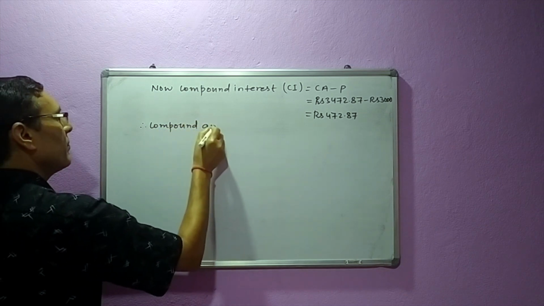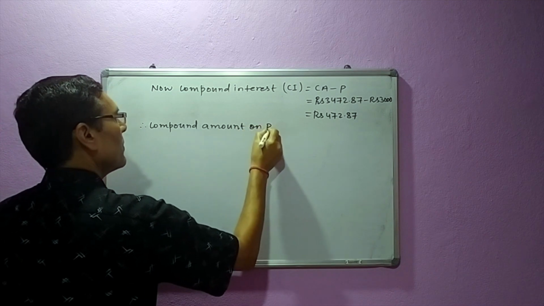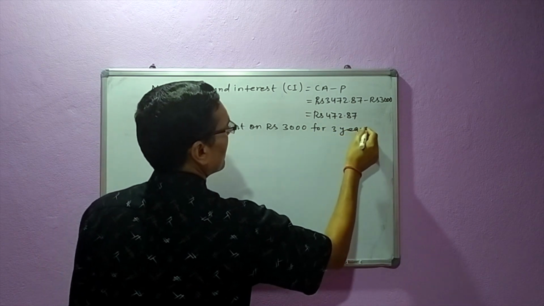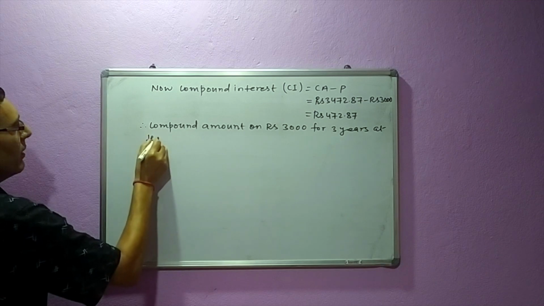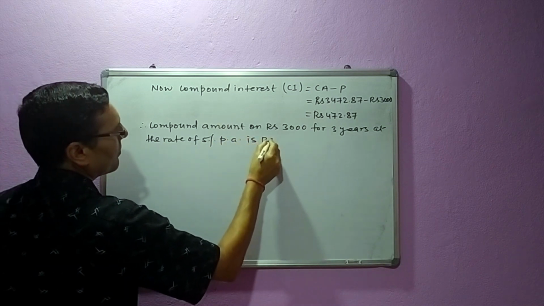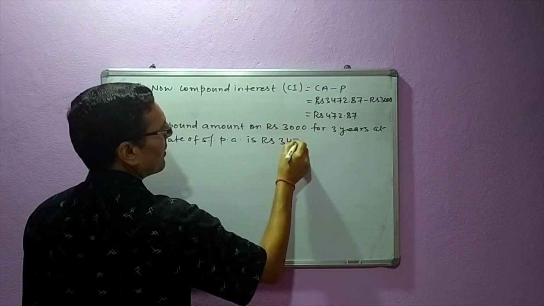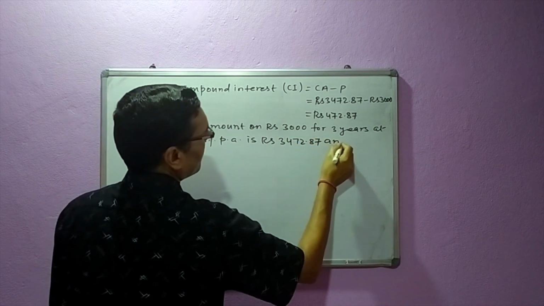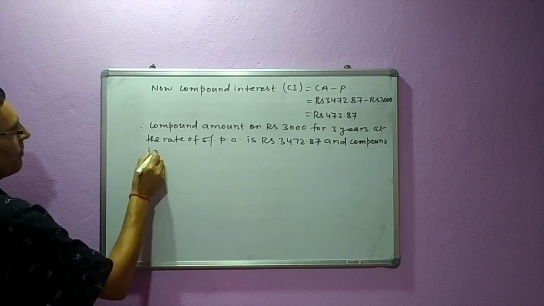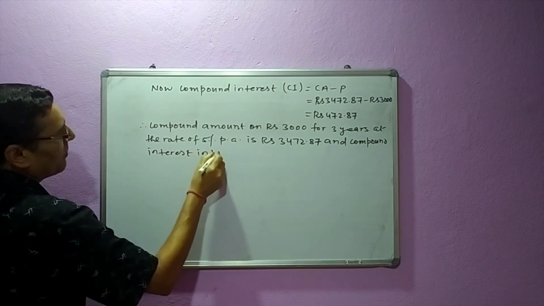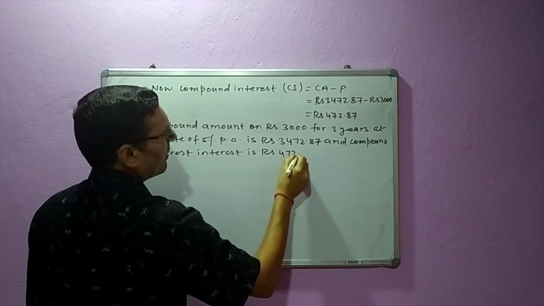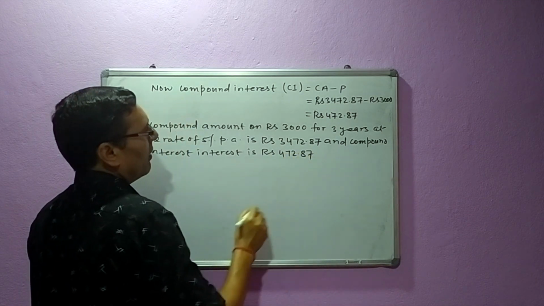Therefore, compound amount on rupees 3,000 for 3 years at the rate of 5% is rupees 3,472.87 and compound interest is rupees 472.87, and it is for yearly compounding.